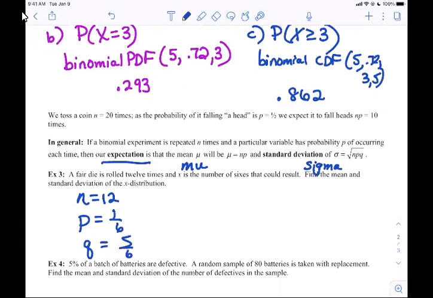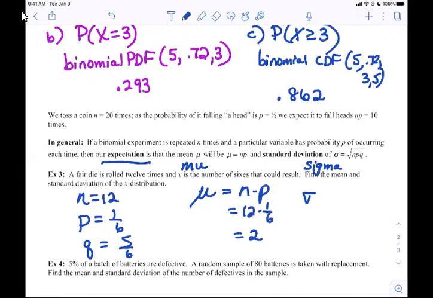So then the mean, which is mu, is N times P. So you would expect to get a 6 twice. That's the theoretical expectation.